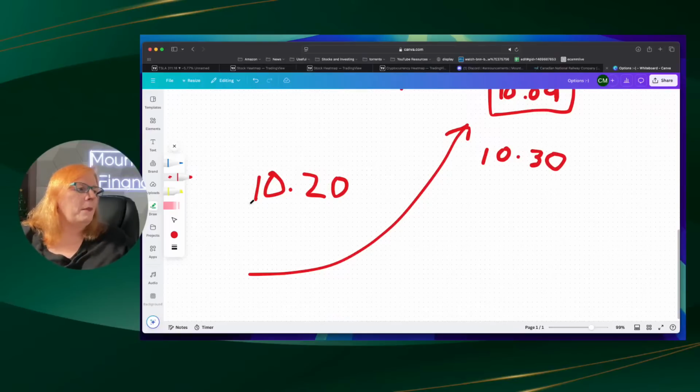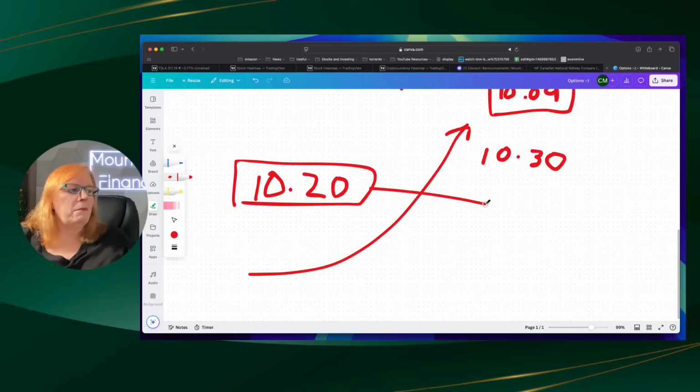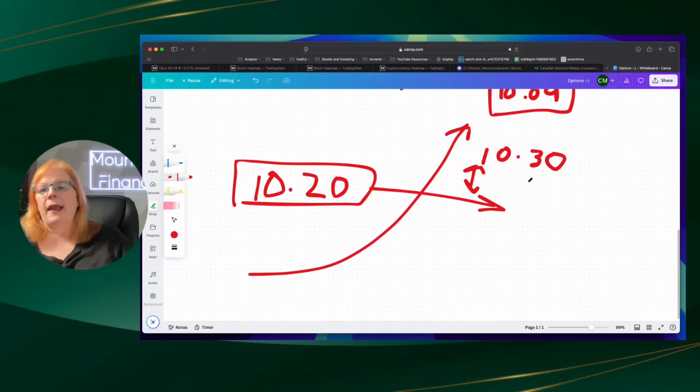Well, at 10.20 they might actually go after that. So the buyer of their contracts may take it, and all of a sudden it's 10.30, and they no longer have the stock because the stock has already been bought. So they have to buy back in, and you've basically missed that little area there. It's only 10 cents, but it does start to add up.